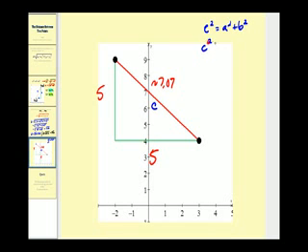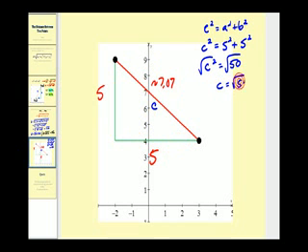We would have C squared equals, let's call this A, so we'd have 5 squared plus B squared, which would be 5 squared again. So we have C squared equals 25 plus 25, which is 50. And so we have the hypotenuse would have a length of square root 50, which we just showed on the previous screen was approximately 7.07.